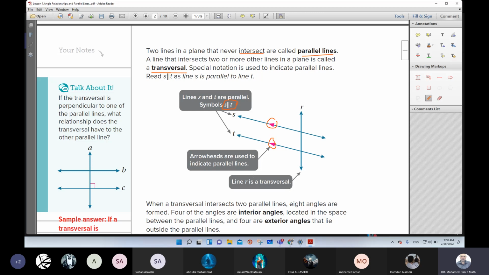And the name of this line R is a transversal, because it intersects the S line at this point and the T line at this point.